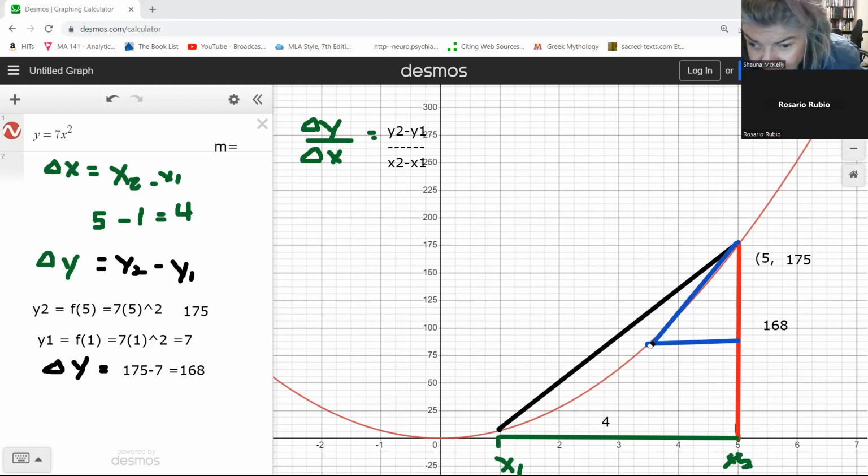The easier it is for me to find the slope at this single point, because I need 2 points to find the slope. So what I do is I get as close as I want without ever actually touching that point. And that's the slope of the tangent line.